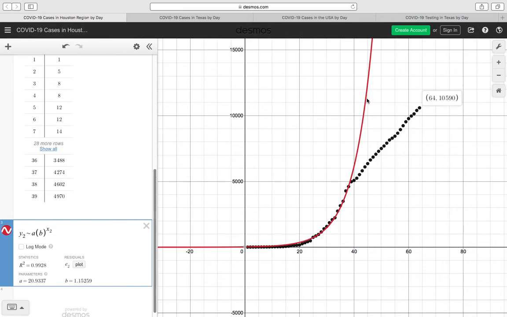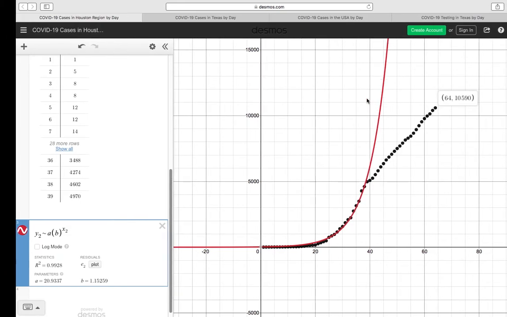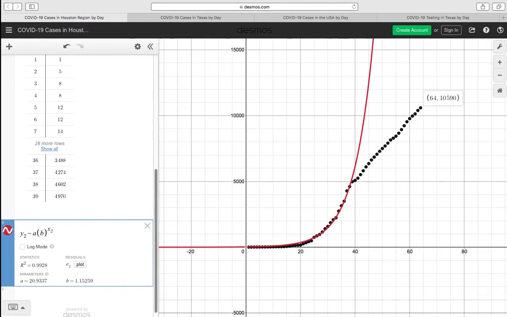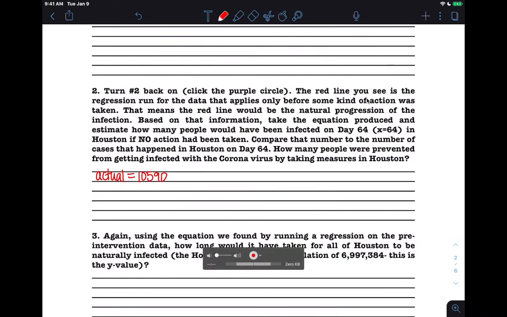Now, I'm going to go ahead and write down some information first. So my actual number of cases is 10,590. I do not know what my predicted number of cases are.